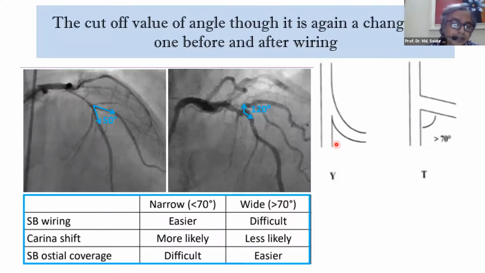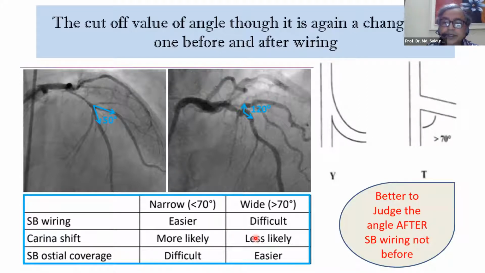And that is the cutoff value, which is the 70-degree angle. If less than 70, then SB wiring is easier, carina shift is more likely, and SB ostial coverage is very difficult. But if it is more than 70, in that case, wiring will be very difficult.